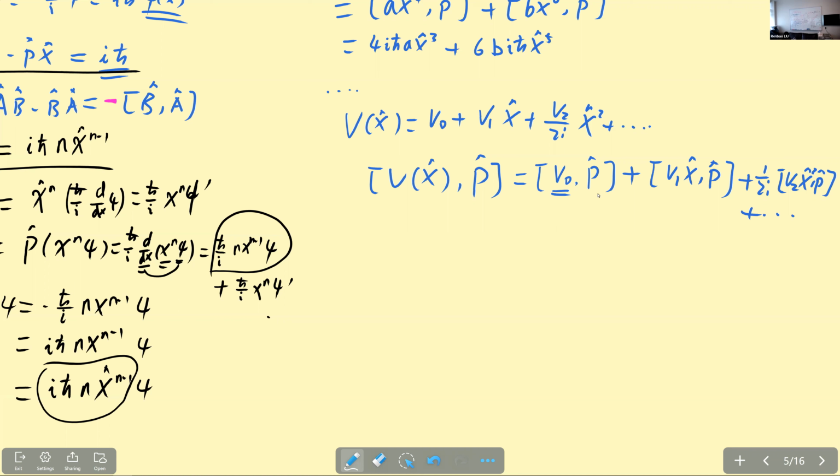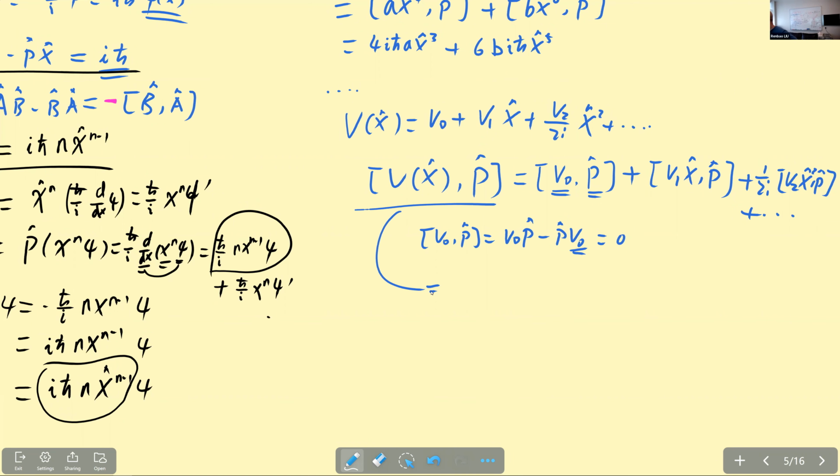So this is a constant, this is momentum, okay? A constant and momentum commute because, for example, this is V0 and the p, which just equals V0 acting on this times this operator, minus p and this one. But this one is a constant, so there's no effect on this one, right? So this just equals 0. Then you just follow this.